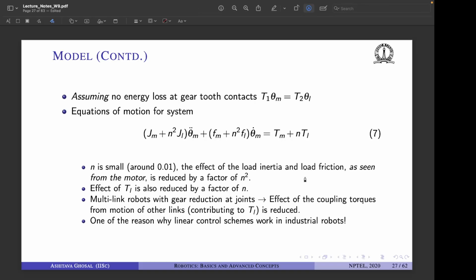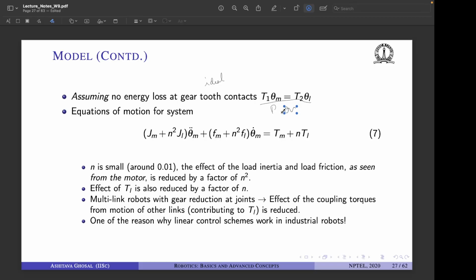So now if we assume that there is no energy loss in gear tooth contact, which again is not an ideal assumption, it's an ideal assumption that this relation holds. So basically tau omega is the power.